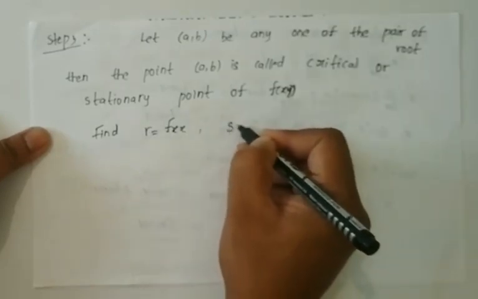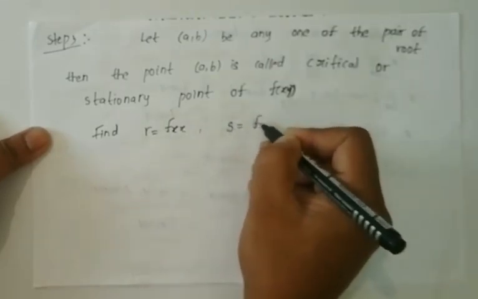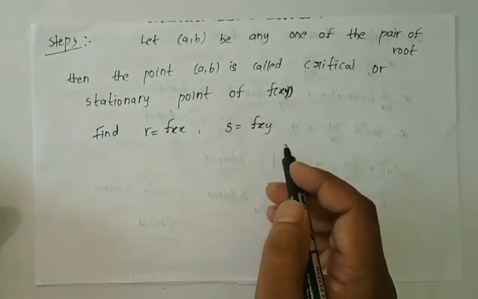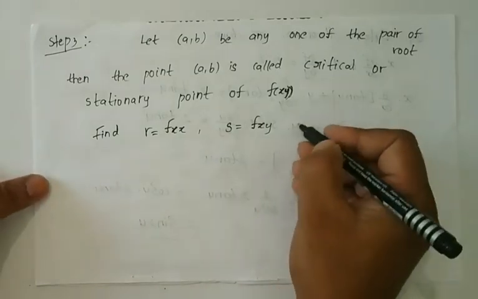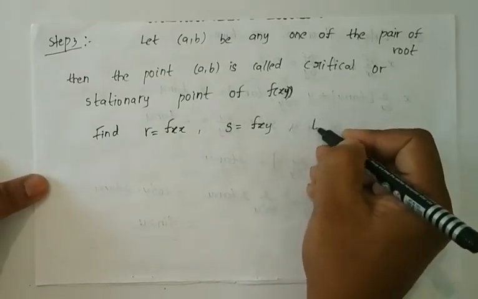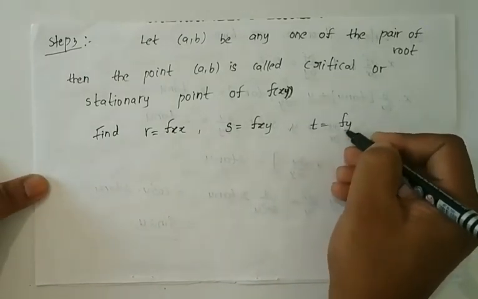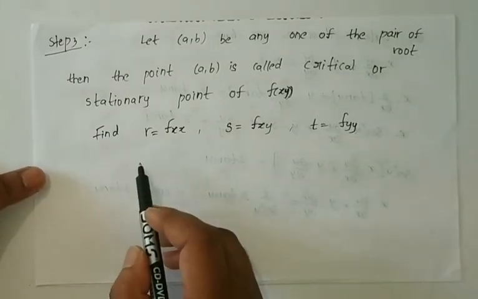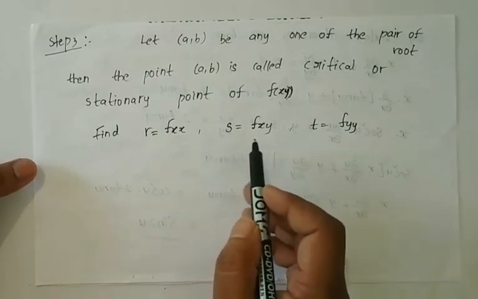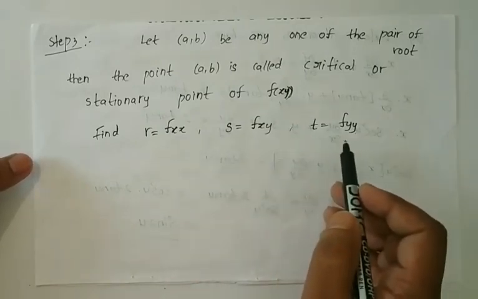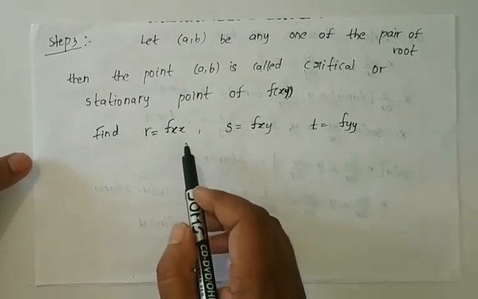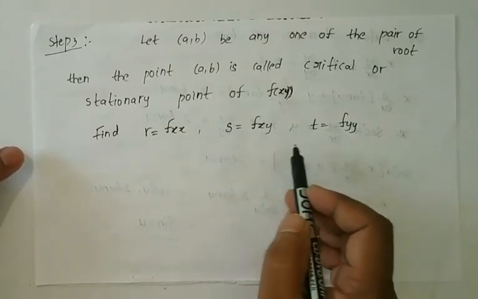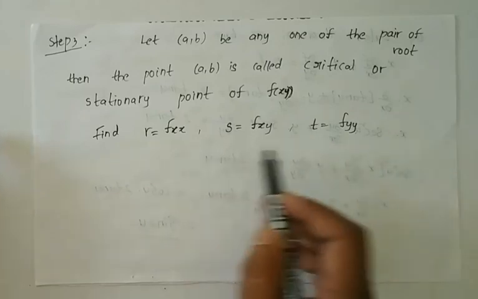Next s is equal to fxy, which is dou square f by dou x dou y. Next t is fyy. Remember that.